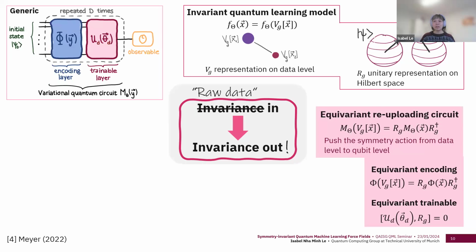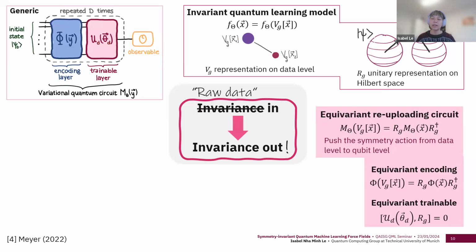Okay, so that means, for example, if I have a chemical system and I rotate that system, I can rotate the system and then encode the configuration in my encoding layer. And this would be the same as encoding the original system into my encoding layer and then letting the corresponding symmetry representation act on the qubit level. So that would be the meaning of equivariance for the encoding layer.